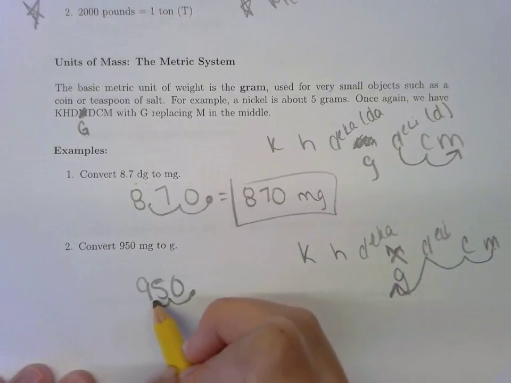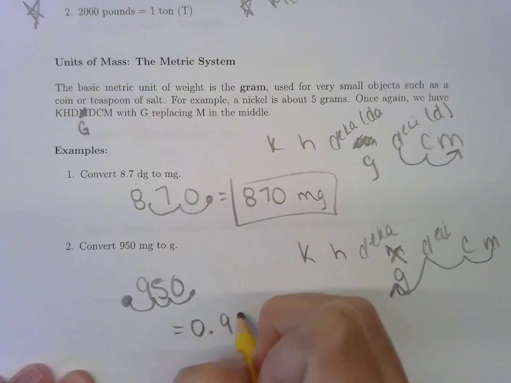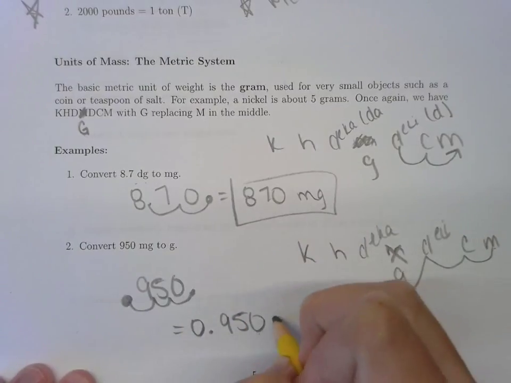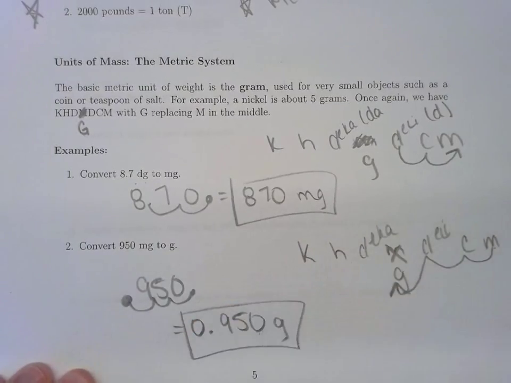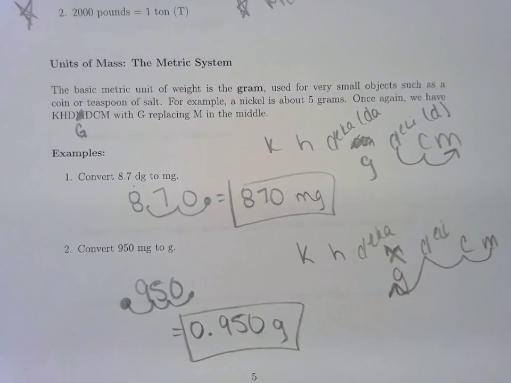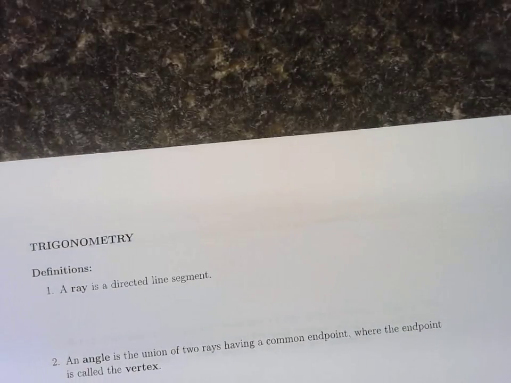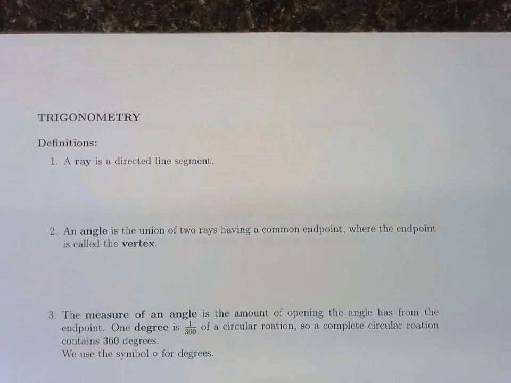To the left, 1, 2, 3 places. So this is 0.950 grams. Okay, so really this is just a review. If we were converting in the English system, we would use dimensional analysis. Okay, so that ends mass and weight, so there's a pretty short section there.